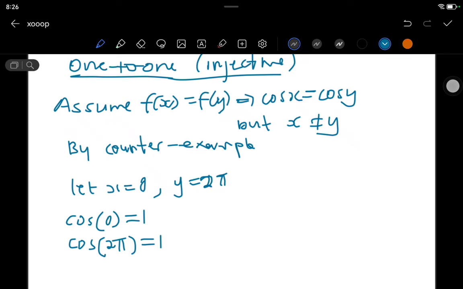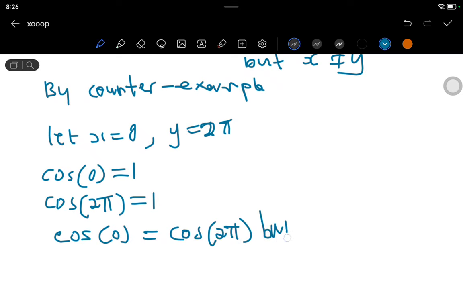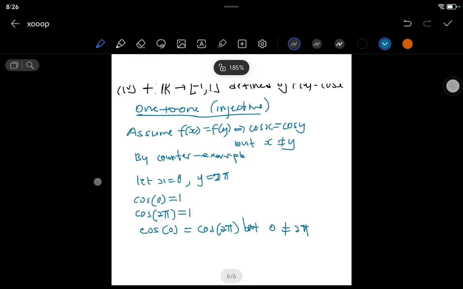These two are equal. Cos of 0 is equal to cos of 2 pi, but 0 is not equal to 2 pi. You see, right? So one-to-one for this does not hold.